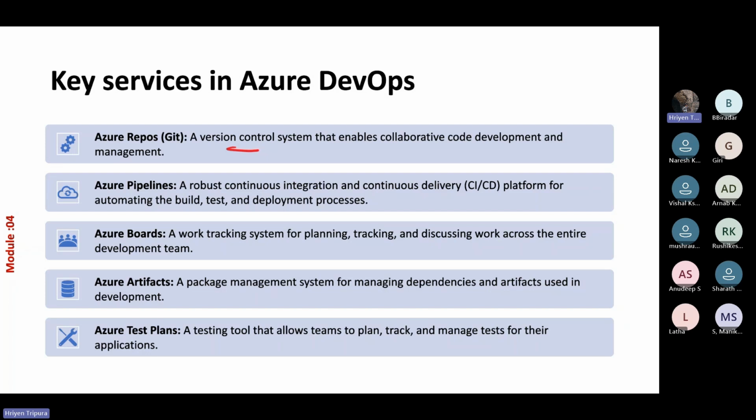So these are some of the things that we have to do as a DevOps engineer, with the help of this tool, that is Azure Pipelines. It is a continuous integration and continuous delivery platform for automating everything, like build, test, and deployment. Okay. So let us see that one.